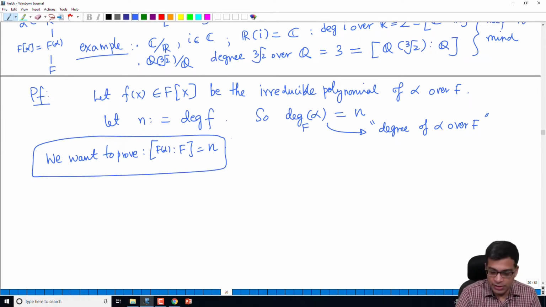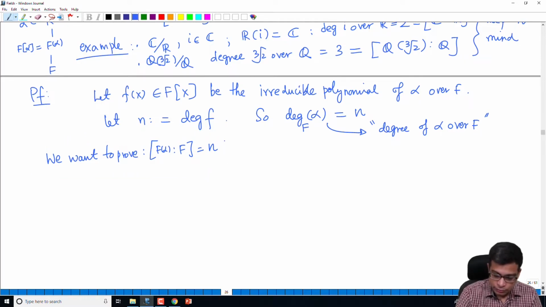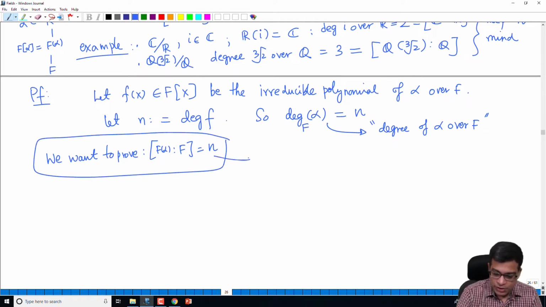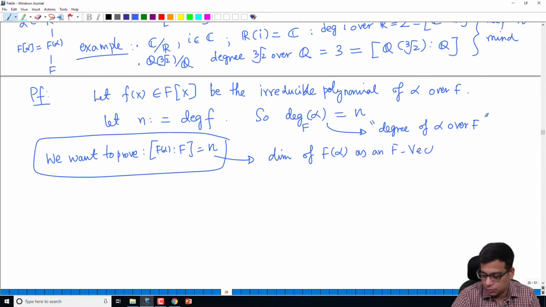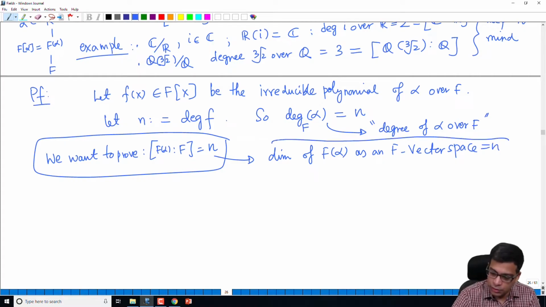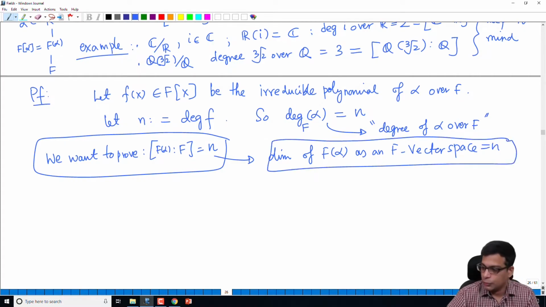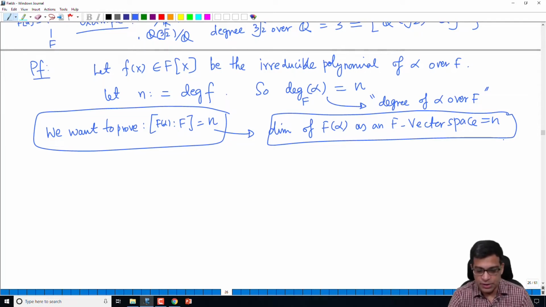And remember, this means the dimension of F(alpha) as an F vector space is equal to n. In other words, that's what we are supposed to prove. So now let's go ahead and prove this.